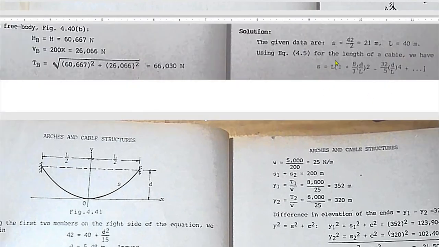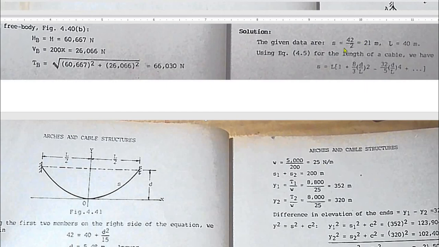So, ito yung ating equation. Ko-consider lang natin yung first two members, which is 1 and itong 8 over 3 times the quantity d all over L squared. Yung ating L ay 40 meters. This is the span length. Okay? Tapos, yung S is equal to 21 meters.